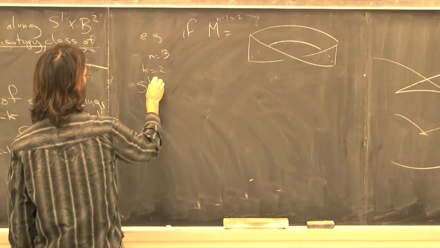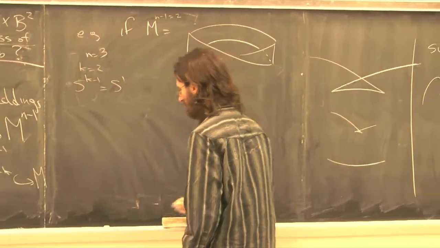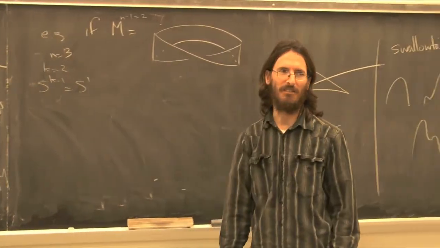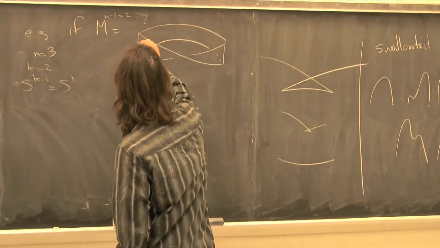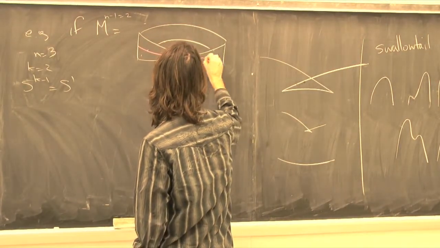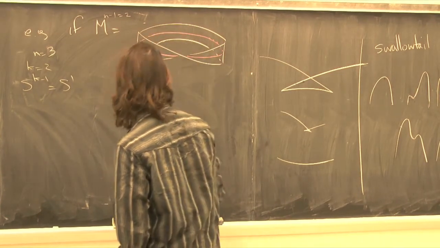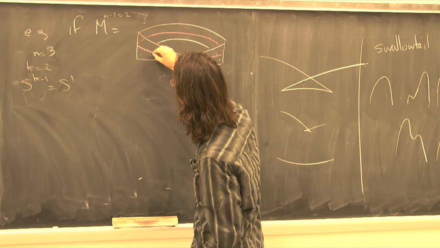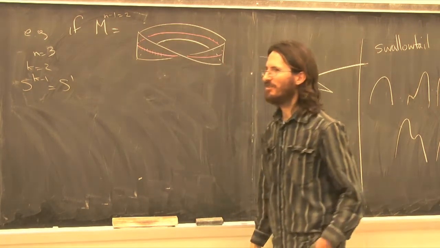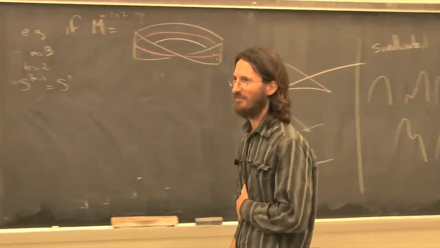So S^(k-1) is S1. So I'm claiming not every embedding of a circle in the Mobius band extends to an embedding of the circle cross the interval. So take the core circle of the Mobius band. No matter how small a neighborhood you take of it, it's not going to be circle cross interval, it's not going to be a cylinder, it's going to be a Mobius band. You can't do it, right?